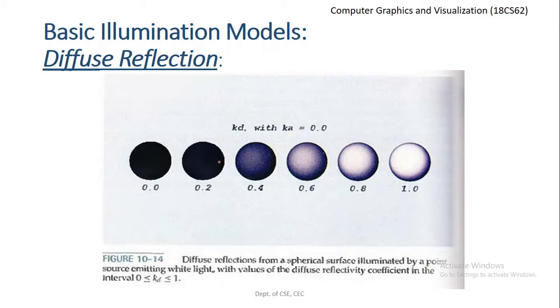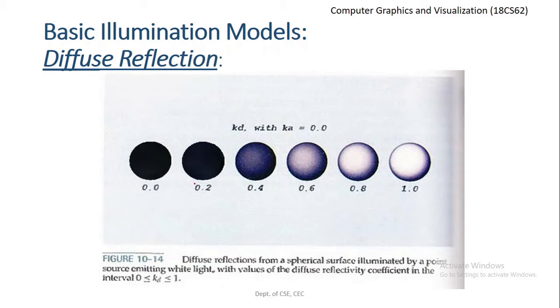So we are varying the value of the diffuse reflection coefficient Kd from 0 to 1. When Kd is equal to 0, the entire sphere is totally dark. There won't be any illumination.